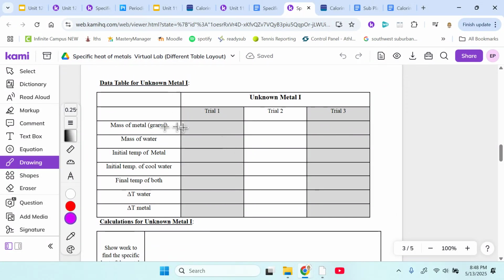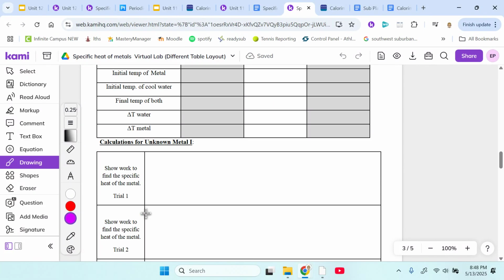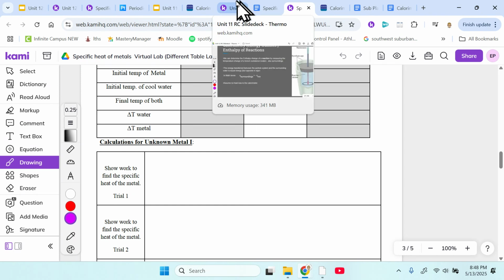So you'll put the mass of the metal here, the mass of the water here, the initial temperature of the metal, the initial temperature of the cool water, and then what the final temperature of both is, and then the temperature change of both. So essentially, you can work out the specific heat capacity of the metal to help you identify what that substance is, just similar to talking about calorimetry from yesterday.